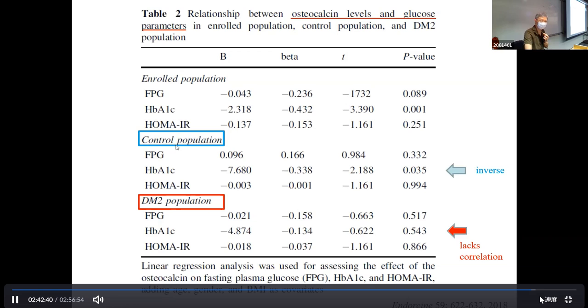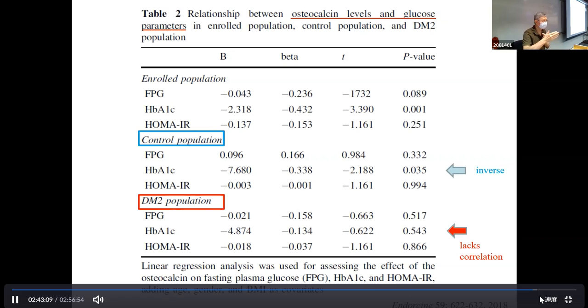You have the control population and DM2 populations to compare. What you see here is the relationship between osteocalcin and fasting blood glucose, HbA1c, and HOMA-IR. You can see that you have a negative relationship between the osteocalcin and HbA1c.